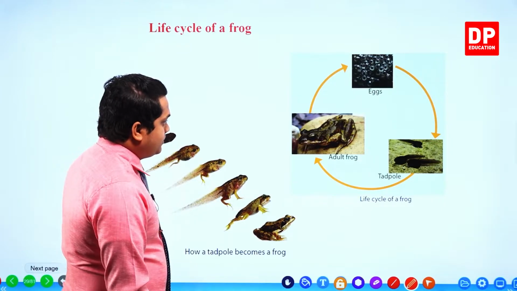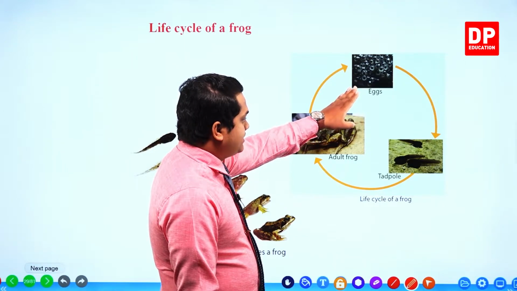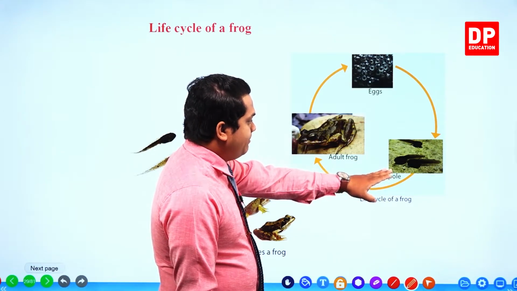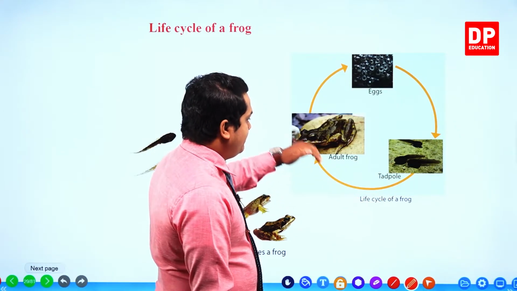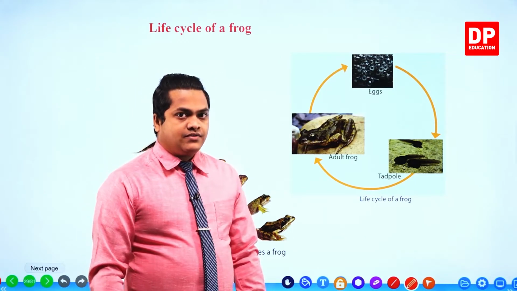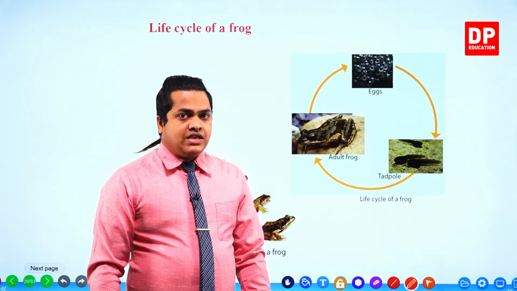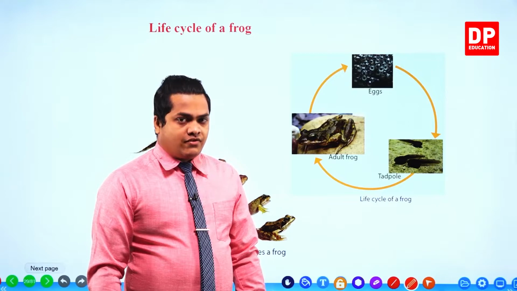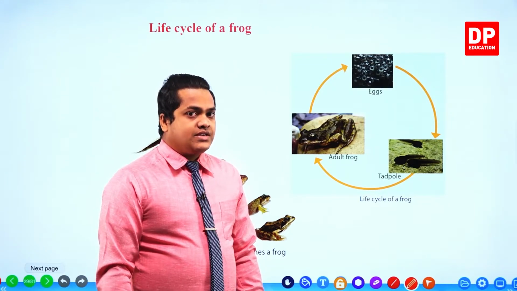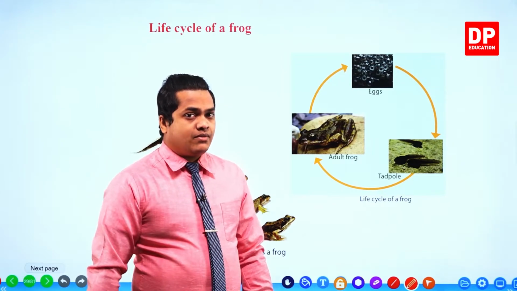As you can see within this figure very clearly, eggs are getting converted into a tadpole, then the tadpole is getting converted into an adult frog. These are the stages of the life cycle in a frog. So the frog is an organism which undergoes complete metamorphosis.